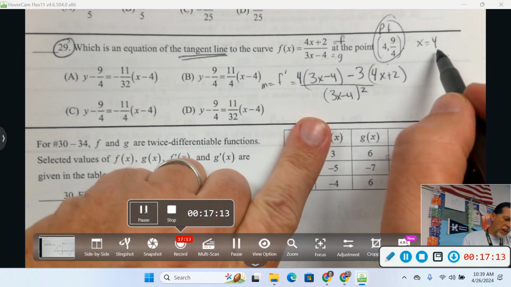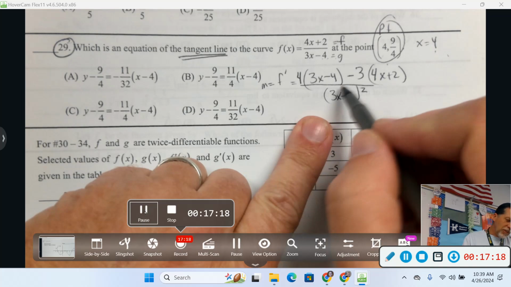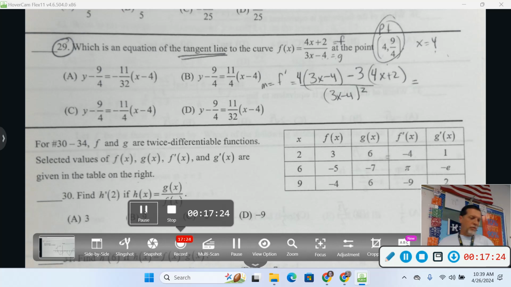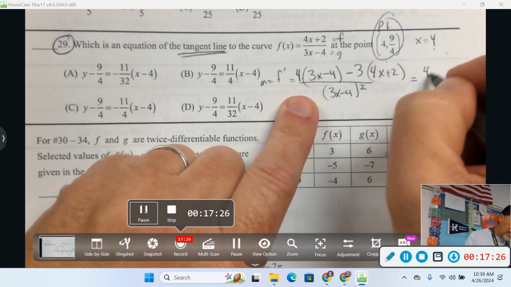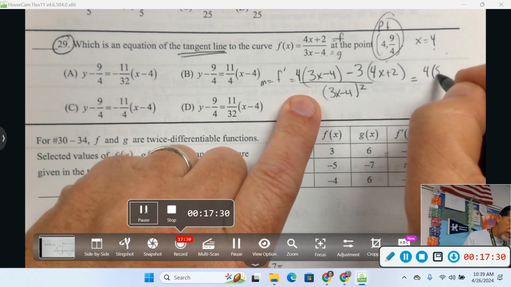Okay, I need to plug in 4. This is one where I could simplify first, or I could plug in 4 first. I think I'm going to plug in 4 first. So 3 times 4 is 12, minus 4 is 8.